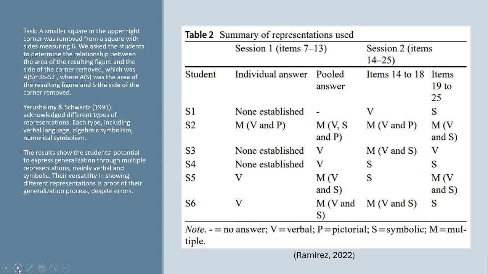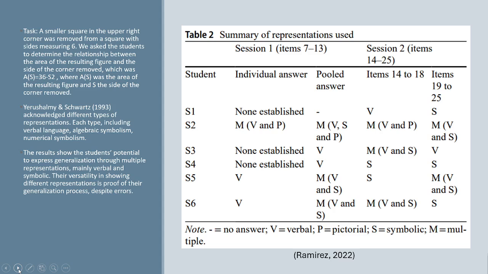We asked students to determine the relationship between the area of the resulting figure and the side of the corner removed, which was 36 minus S squared, where A(S) was the area of the resulting figure and S was the side of the corner removed. And so over to the right, you can see there's a table summarizing different things here that we'll get into.